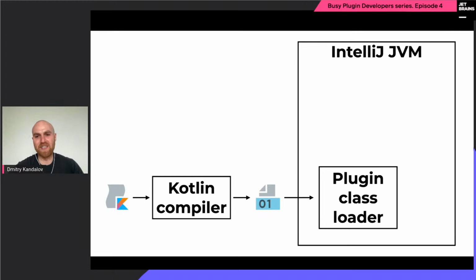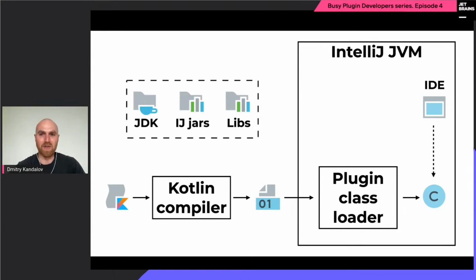Then inside IntelliJ, it creates a new class loader, which represents this instance of the plugin. Then that plugin class loader loads the binaries from the disk, and then IDE can load this class and do something with it. So that's the basic way to load one plugin.